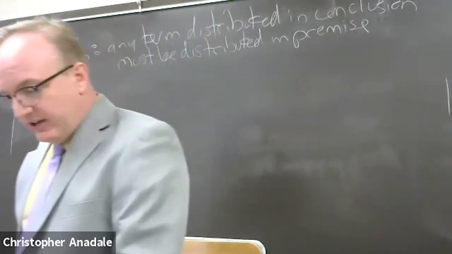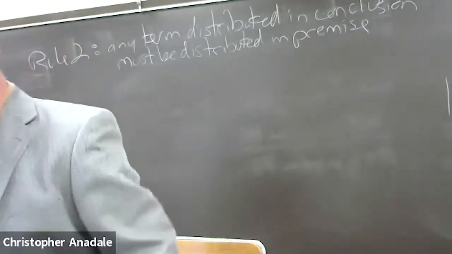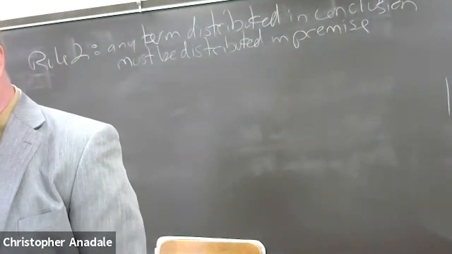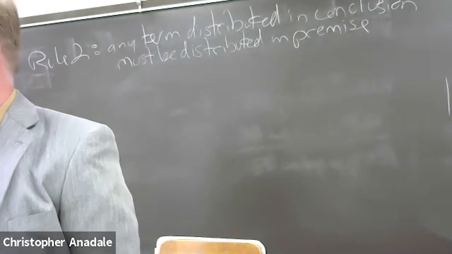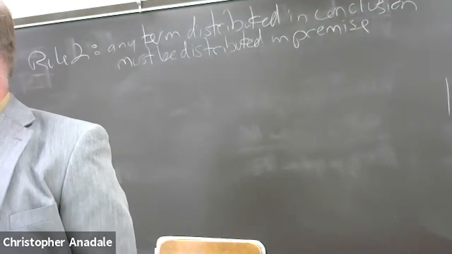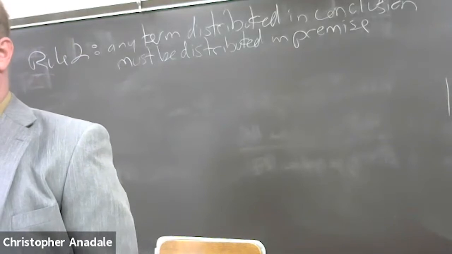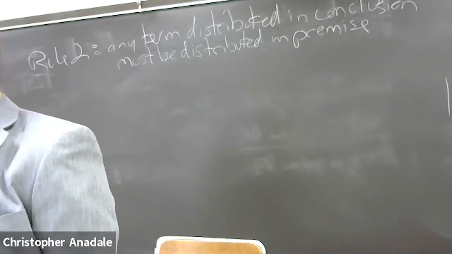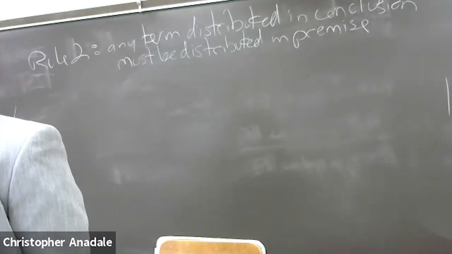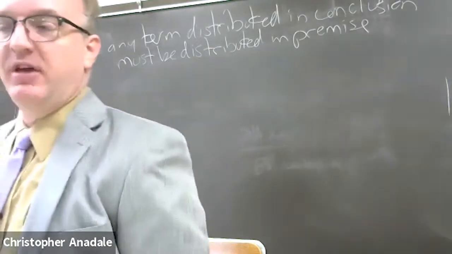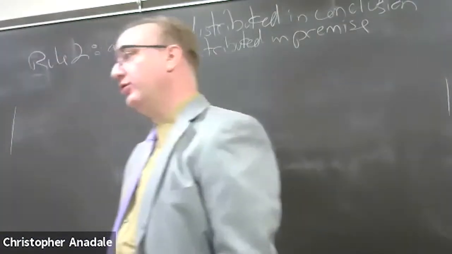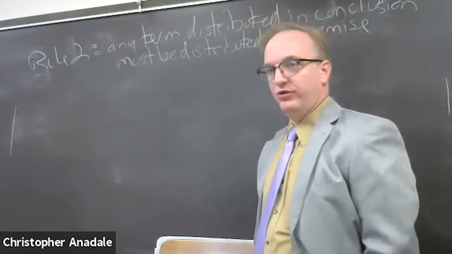The second rule: any term distributed in the conclusion must be distributed in the premise that contains it. Now, the conclusion contains two terms, the major and minor. So again, as with the naming of the terms, it's the conclusion that governs the whole syllogism.